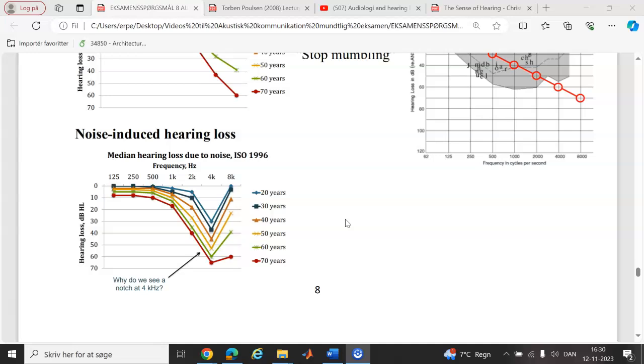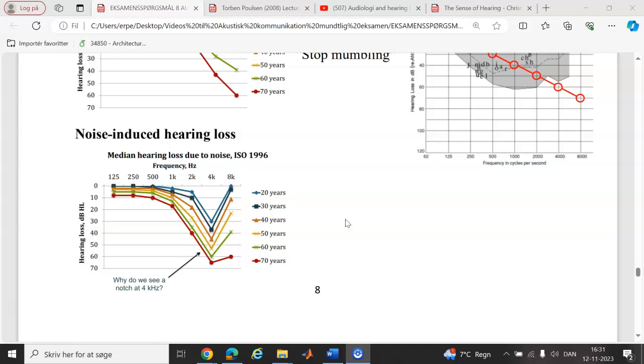Then we have noise-induced hearing loss. Why do we see a notch at 4 kilohertz? I think at 4 kilohertz the hearing loss should be worst. With noise-induced hearing loss, I think there is a minimum at about 3,500 Hz.